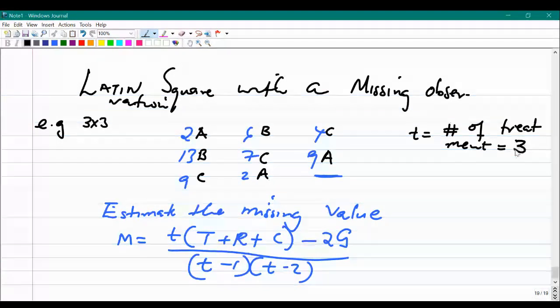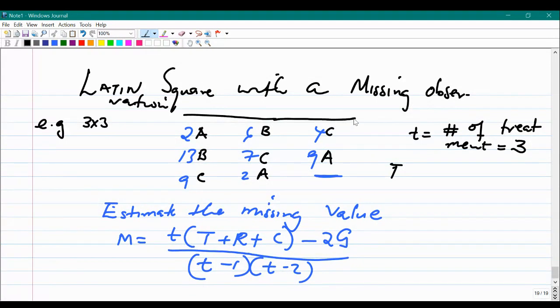3, right? And then capital T is the sum of the values which go with the missing treatment. Which treatment is missing, looking at this table? B, right? B is only appearing 2 times.